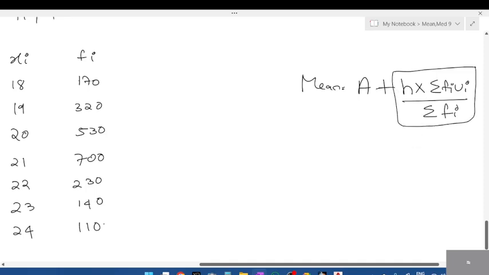Now tell me, what tables do we need? I need an extra column for ui. What is the ui formula I gave? Xi minus a divided by h. All of you will write this. First draw the table neatly. Write the values, write the formula.